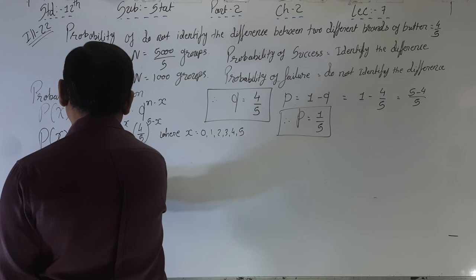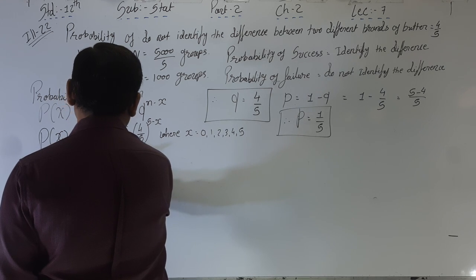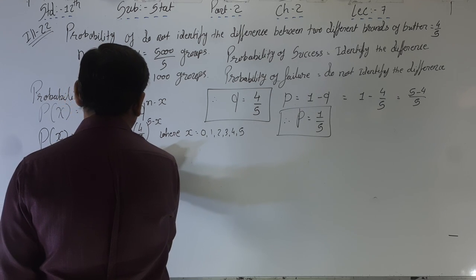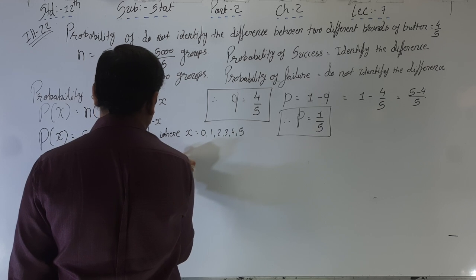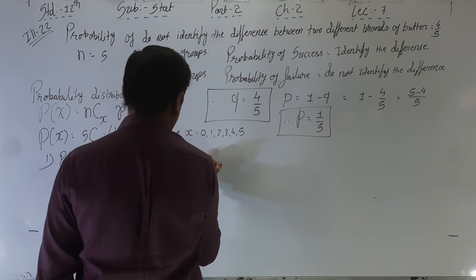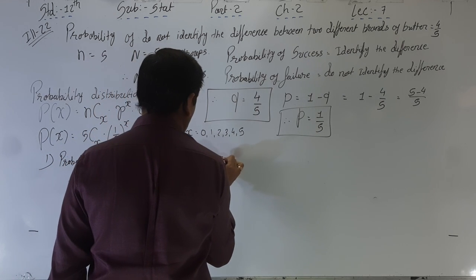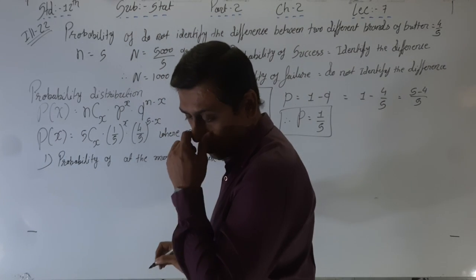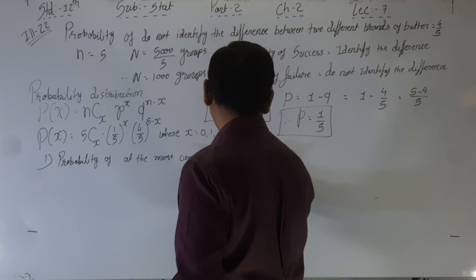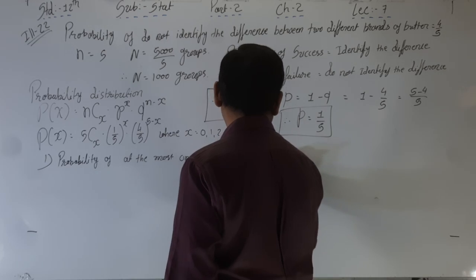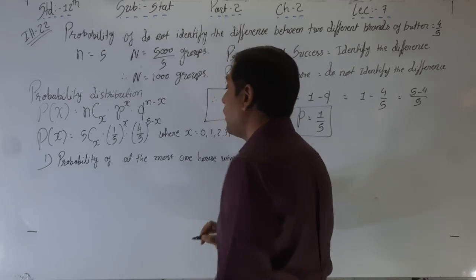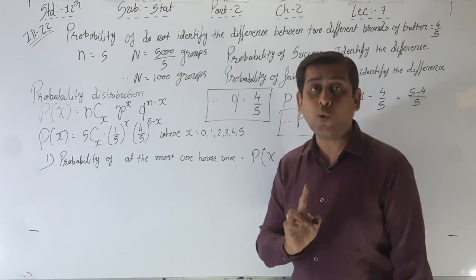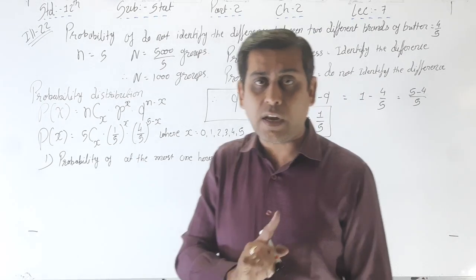Probability of at the most one housewife. That is P of X at the most. That means what? Less than or equal to, or greater than or equal to?